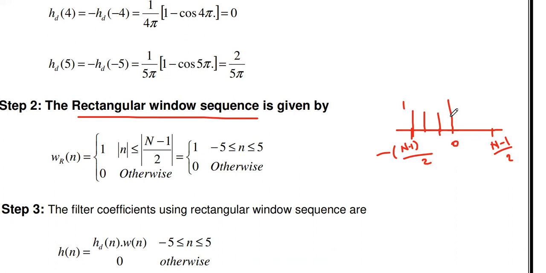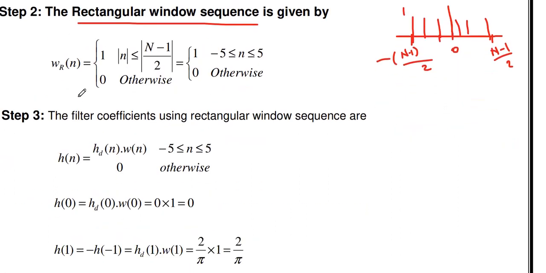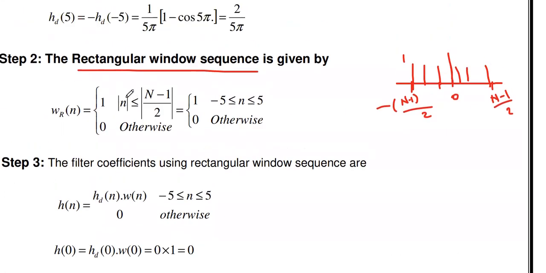So WR of n is equal to 1 for the modulus of n up to (N minus 1) by 2. That means n is between minus 5 to 5, and the rectangular window is constantly 1. So there is no need to find the value. The rectangular window sequence has the value constantly 1. So the second step is over.